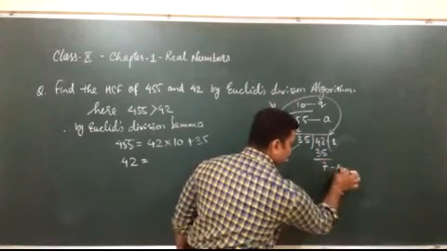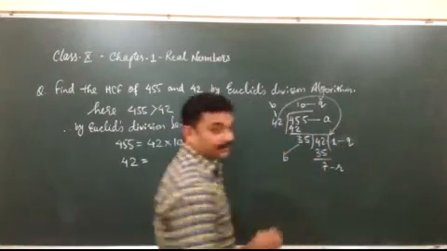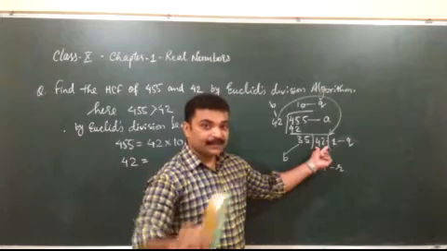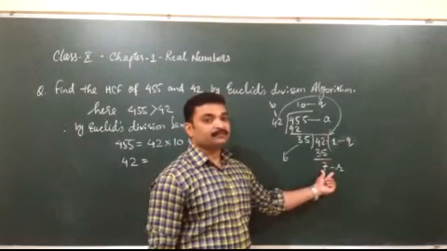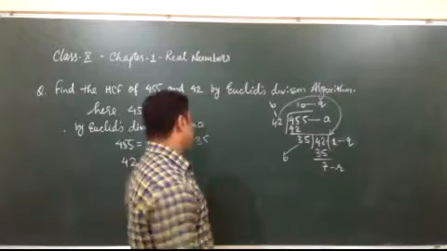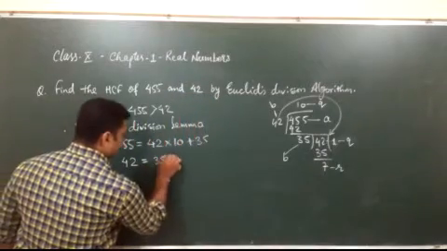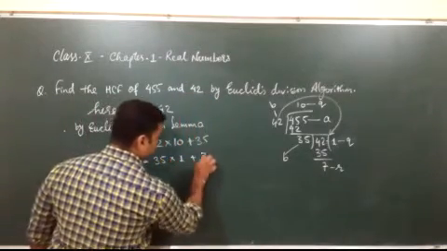Here this is R, this is Q. That means 42 can be written as 35 into 1 plus 7. Got it?